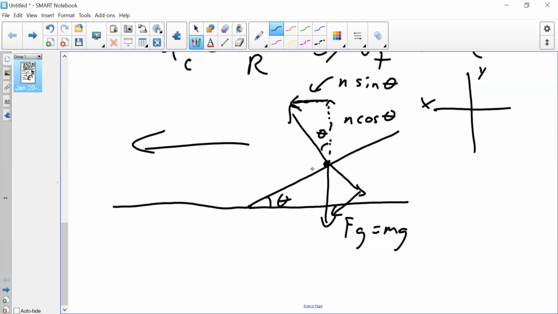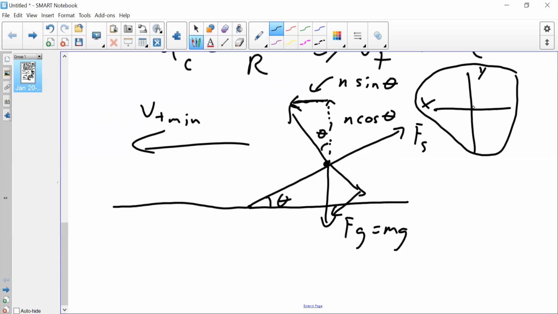So as he's sliding down for the condition of minimum speed, friction is going to go upward. So I'll just do that. And that's static friction there. This is off axis, so it has components. Our perspective is this. We have to be aware of that. So that's going to be at some angle like that, and therefore this is going to have cosine and sine like that.